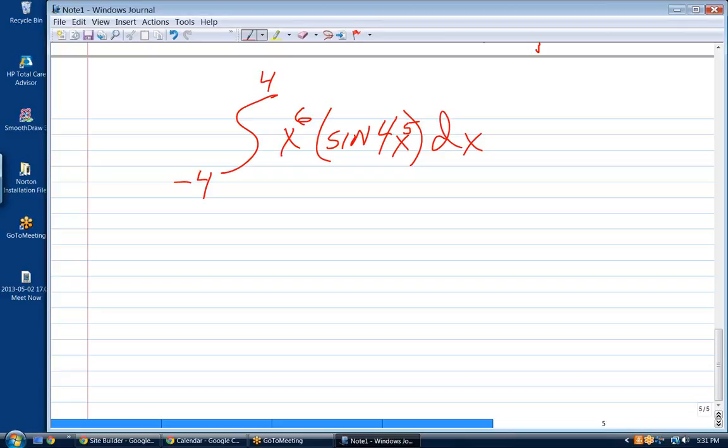Okay, so they're saying it's odd. So you're telling me that if we plug in minus x, we're going to get this. Correct? Right. Okay, so that makes it odd.